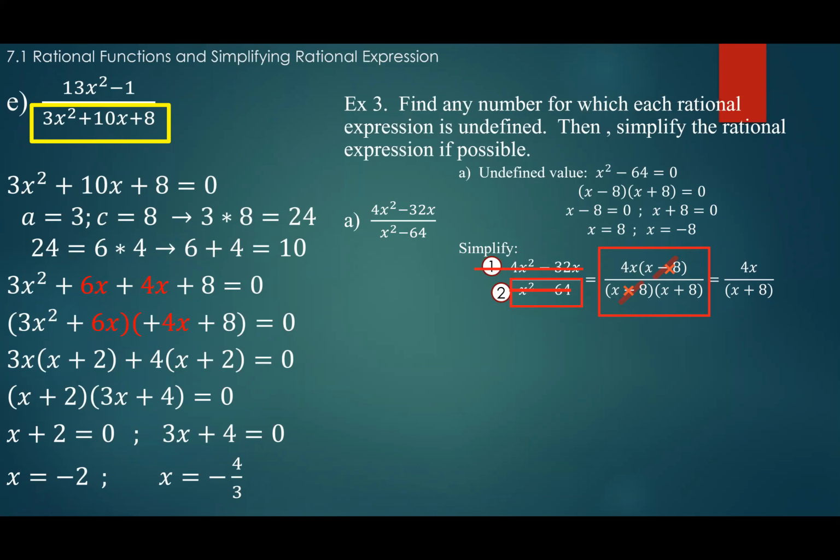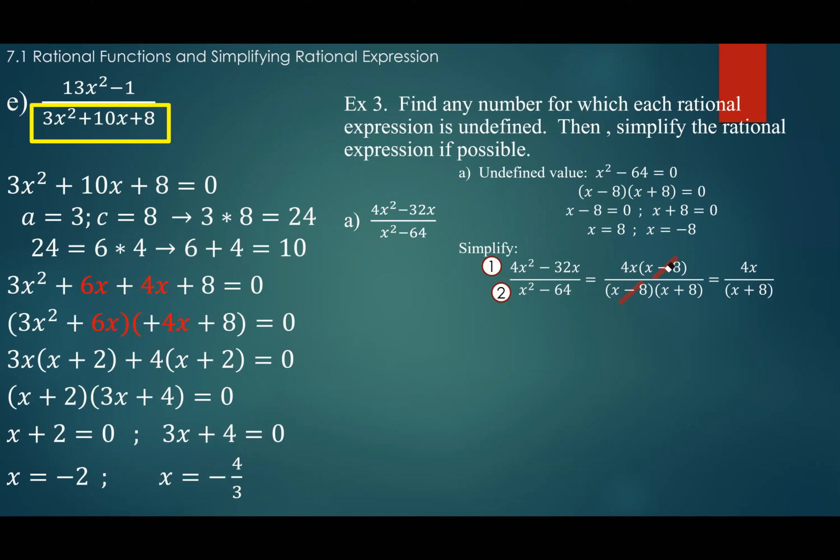And again, a reminder, ladies and gentlemen: the 4 and the 8, do not be misled. You cannot cancel this 4 and this 8, because on the numerator is a binomial and on the denominator is a binomial. In order to cancel out a binomial, you need to have exactly the same one.